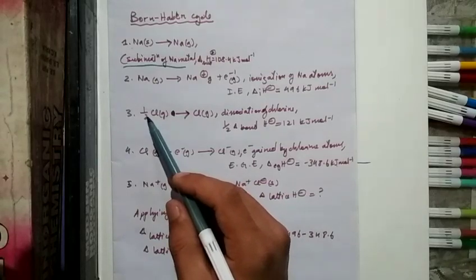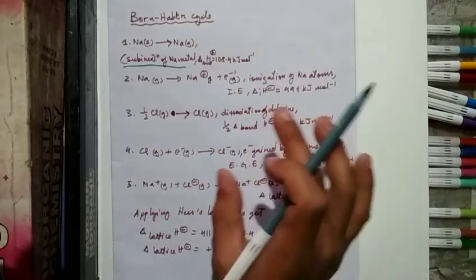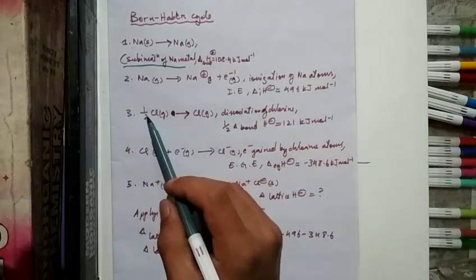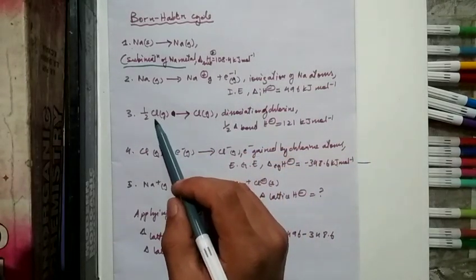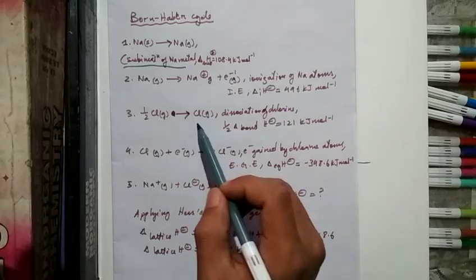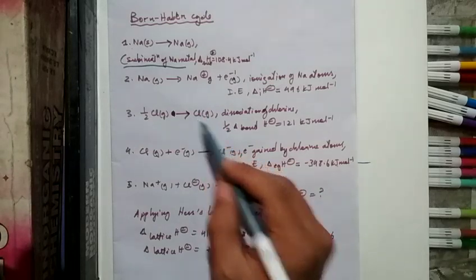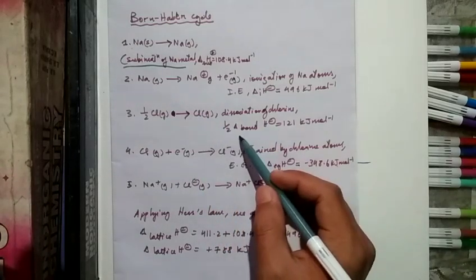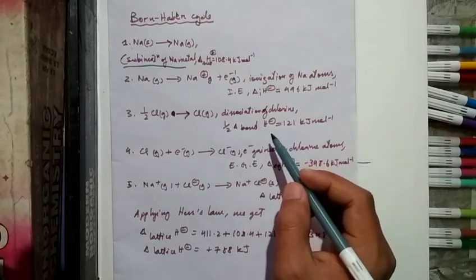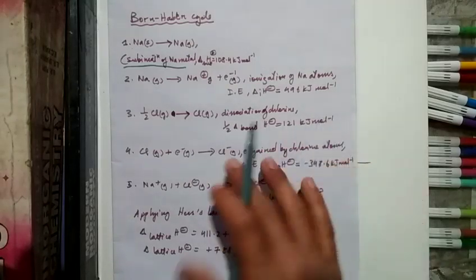In the next step, half chlorine, Cl2, will form Cl gas. That means the chlorine dissociates, so the bond dissociation enthalpy is 121 kJ per mole.